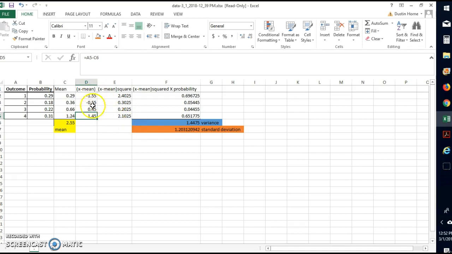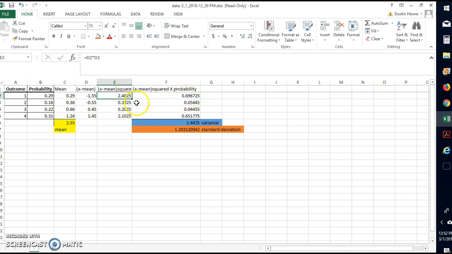I squared each one of these numbers, and anytime you square a negative, they all will become positive. So after you get the x minus mean squared, you have to take these numbers and multiply them by the probability. So lots of steps here. Probability gives us more steps. So I took 2.4025 and multiplied it by 0.29, and that is how I got this number.